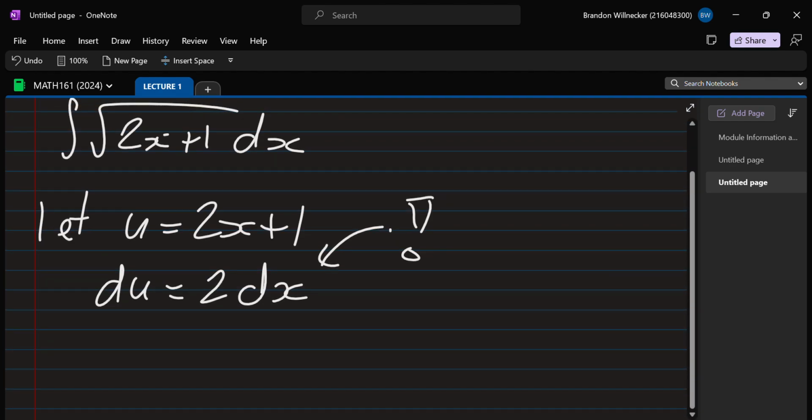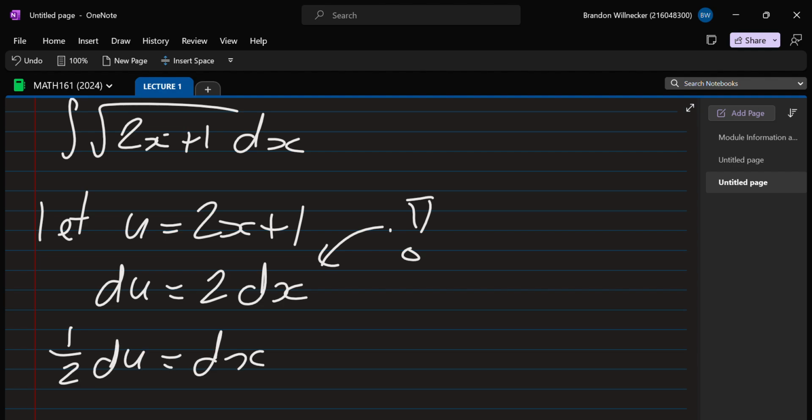Okay, now if we go back to our integral, we've got root of u, right, after we do that, dx. Over there, we've got 2 dx. We don't want that. We want dx. So we divide by 2. So 1/2 du is dx by itself, which is what we need.